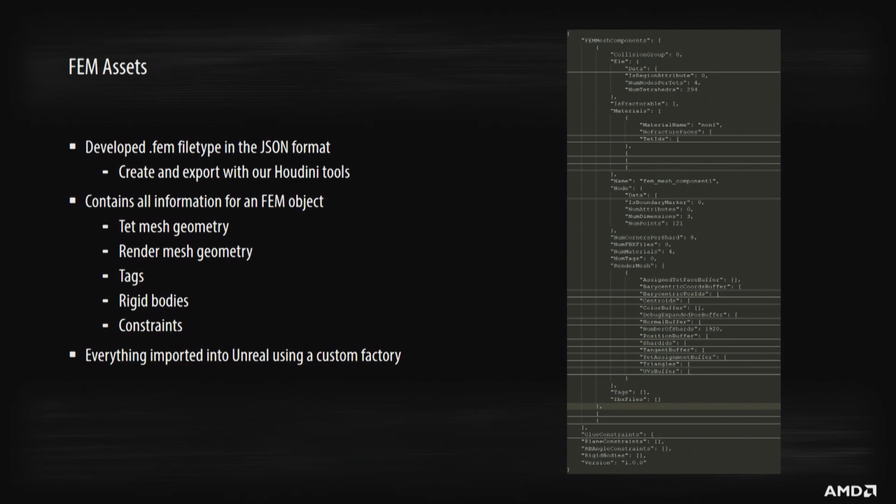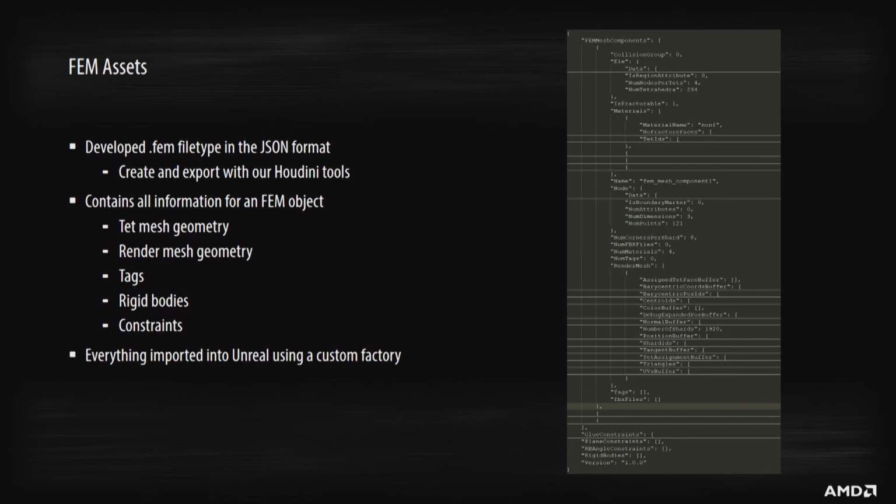So a little bit more about the FEM format that we created. It's a text format using JSON syntax, and it is output by special tools that we created in Houdini. It contains all of the information in one file for what we're doing in the plugin.